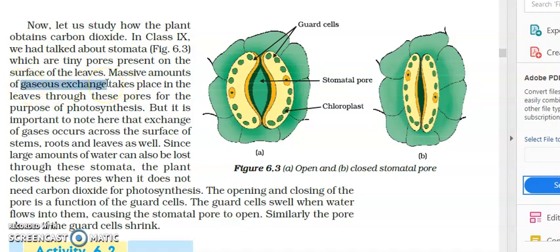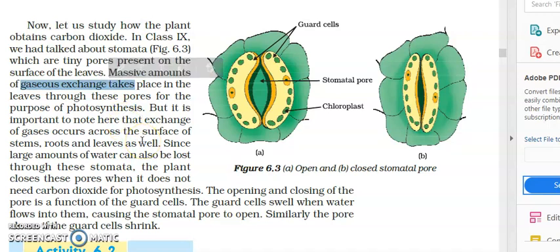Well, carbon dioxide and oxygen. Oxygen will be released and carbon dioxide will be taken in for photosynthesis, right? And of course, gaseous exchange does not just happen across the leaf surfaces, but also across the stem, along the roots, along the other plant parts as well.